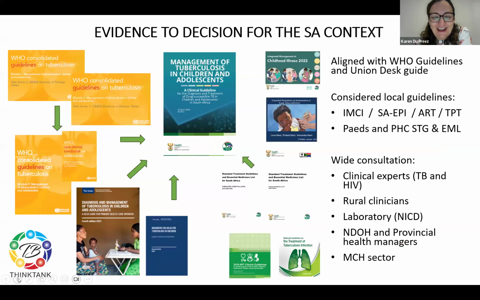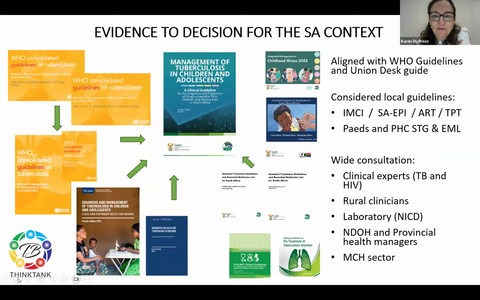As I said, this was based on the WHO PICO questions and their evidence synthesis, which formed the basis of the new guidelines. We've also looked at the Union Desk Guide. Helena will tell you more about the Diagnostic Chest X-ray Atlas. Those are all free and available resources.